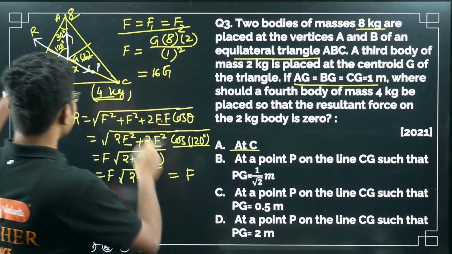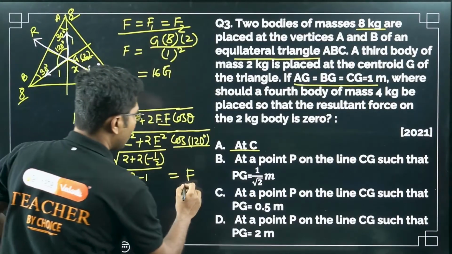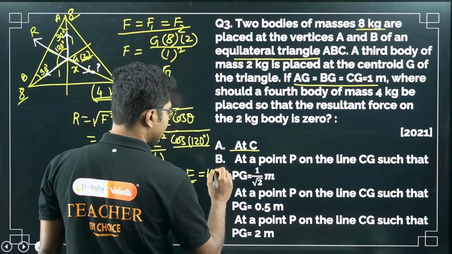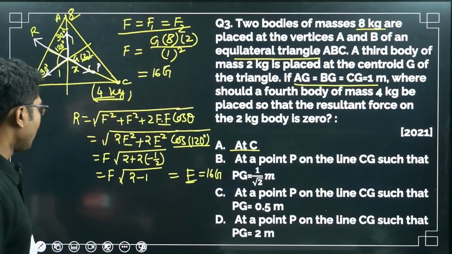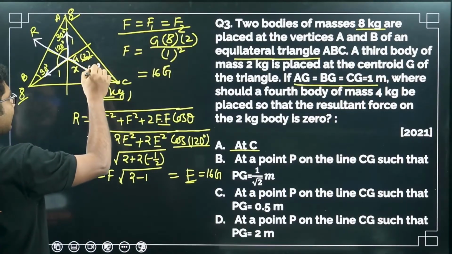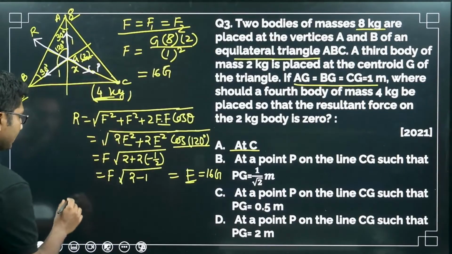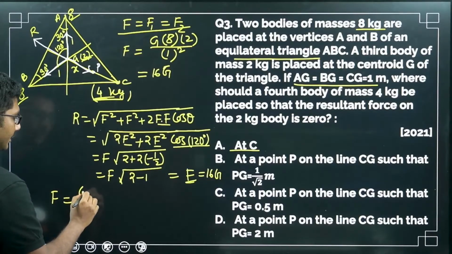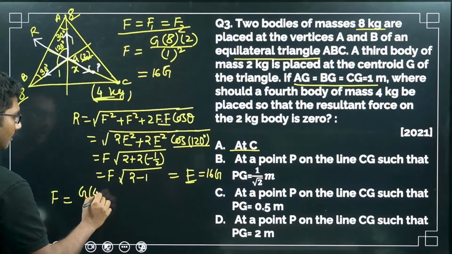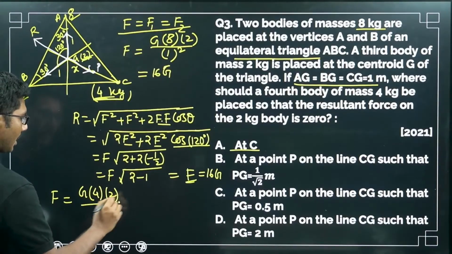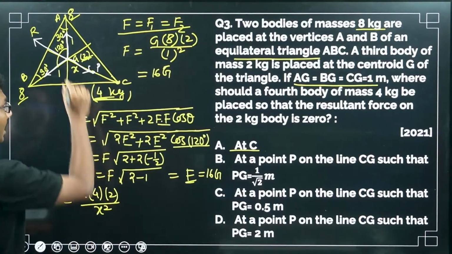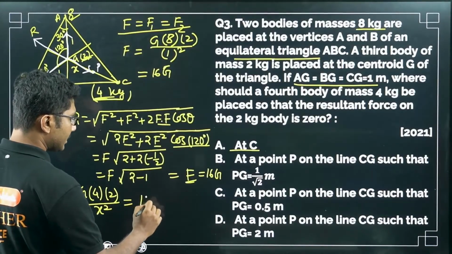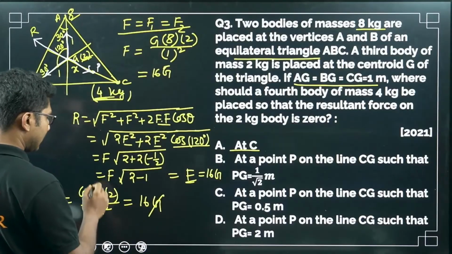so that this attraction force is equal to f, or equal to 16g, right? Suppose the distance is x, the mass we know is 4 kg, this mass is 2 kg, so what is that force equal to? That force will again be f, equal to G m1 m2 by x square. It is not 1, you are not placing it at c, so it has to be x square. That should be equal to 16g, g cancels.